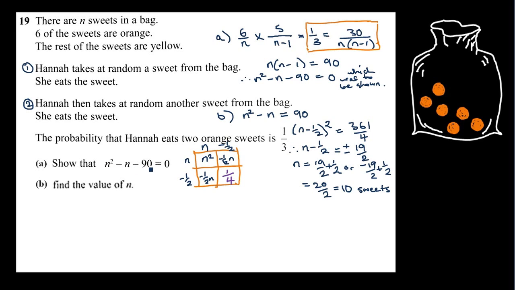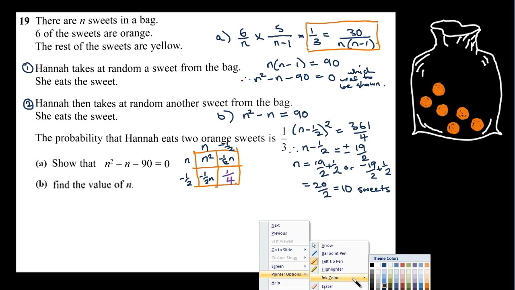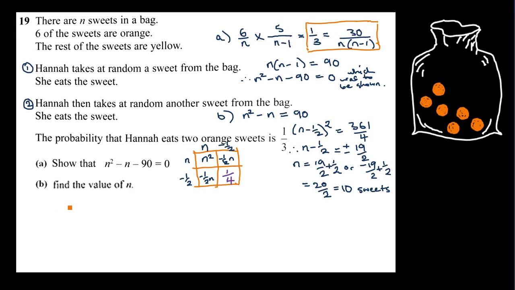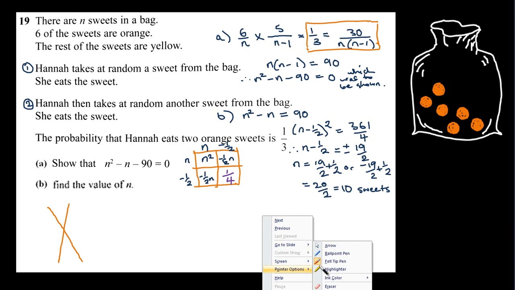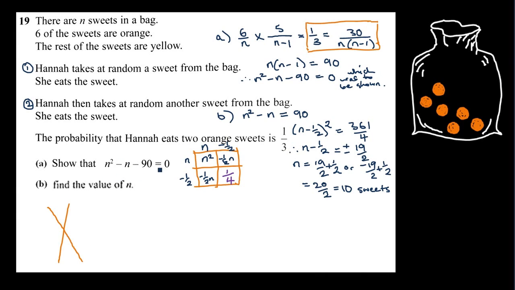Well, if we want to factorize n squared minus n minus 90 on the left hand side here, then it makes sense to use a method to do that. You could just try and do it by trial and error, but I like to be systematic, and so what I'm doing is drawing a little X to organize my working here, and looking at that expression.